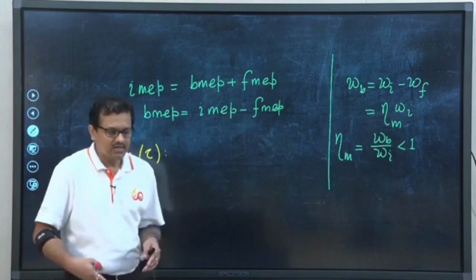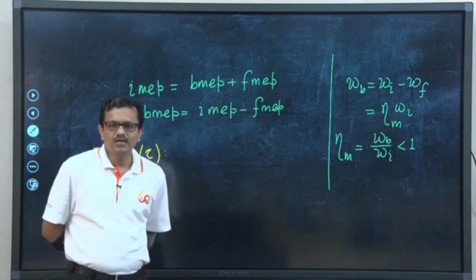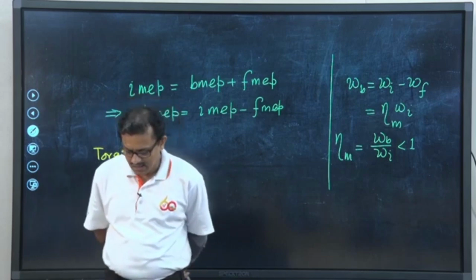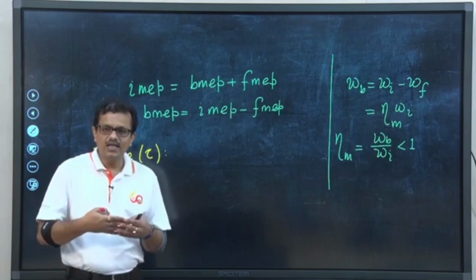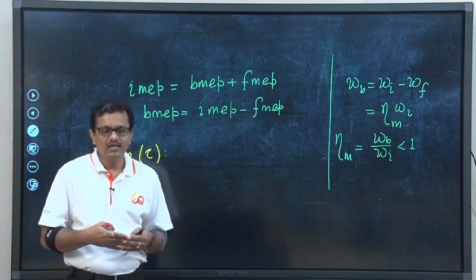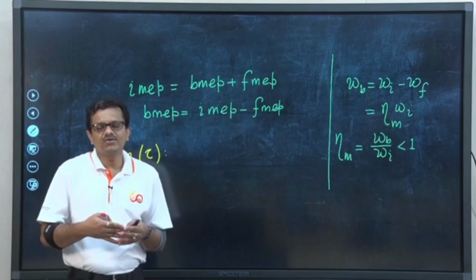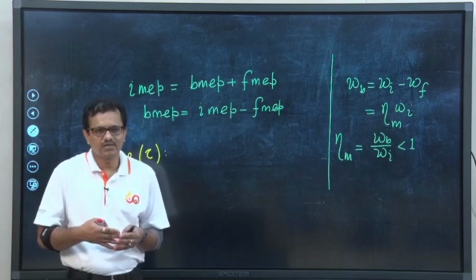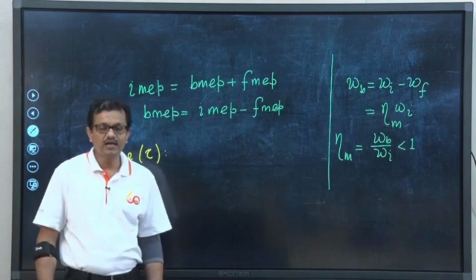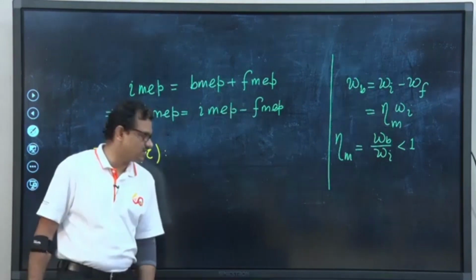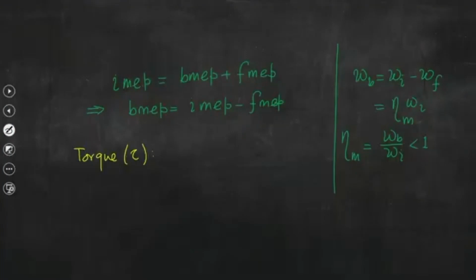Let me repeat it: torque is a good indicator of an engine's ability to do work, and it is defined, as you have studied in the mechanics course, as the force acting at a moment distance. This torque is related to the work, so if we write the expression of torque tau, it is related to the work with this expression.